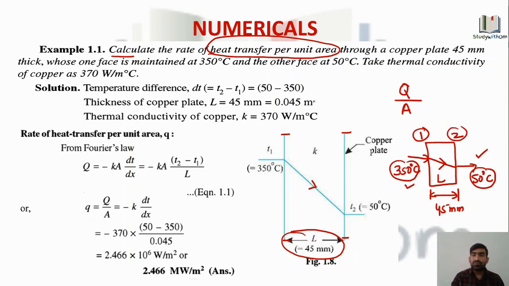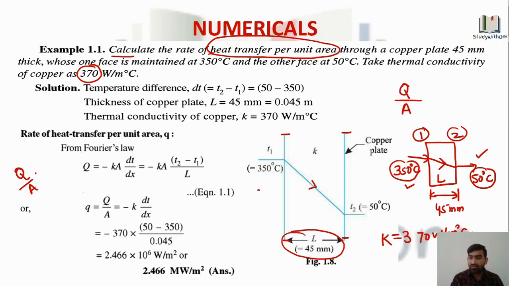Now, what is given in the question? Take thermal conductivity of copper as 370 watt per meter degree Celsius. So dear students, everything is given, and what we have to calculate is heat transfer per unit area, that is Q upon A, which is asked by the question.